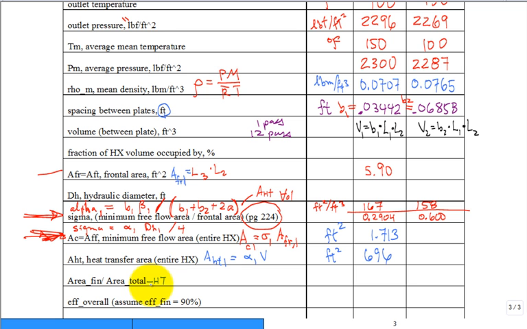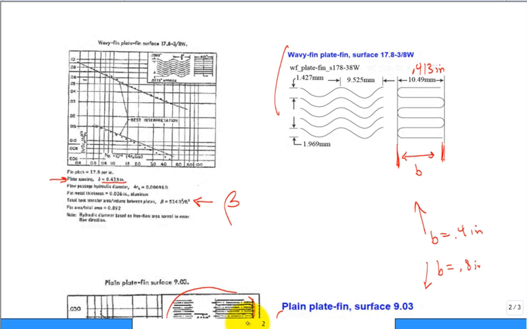And that is right there, isn't it? Isn't that the finned area divided by the total area? So most of what the fluid sees as it flows through that passageway for fluid 1 is 89.2% of it is the fin surface.